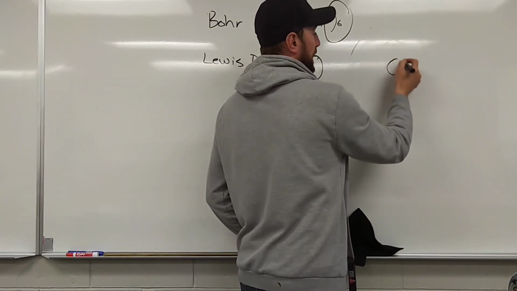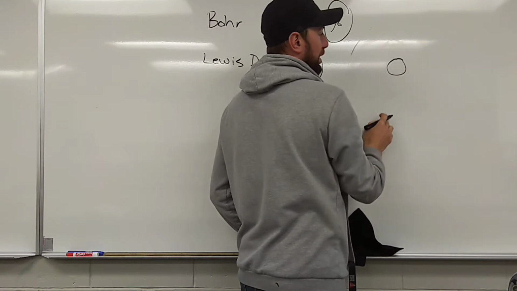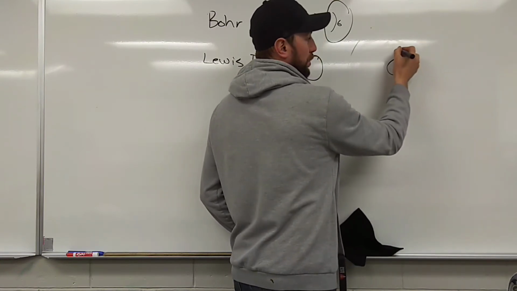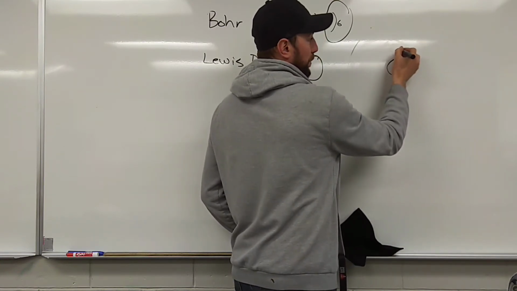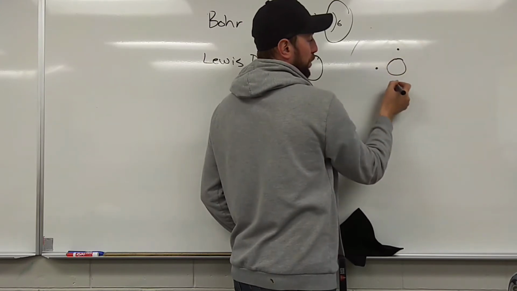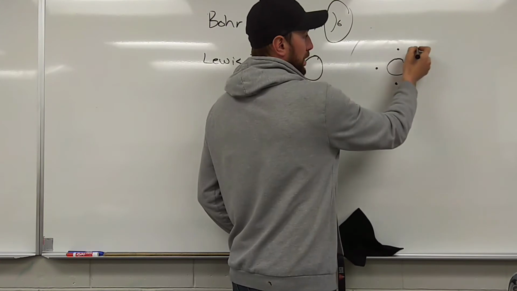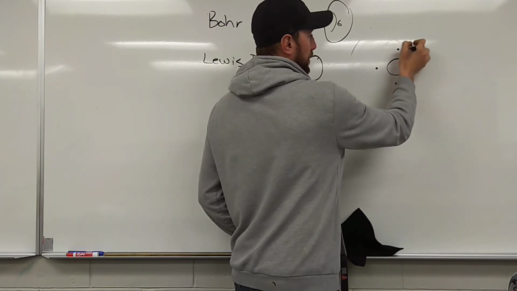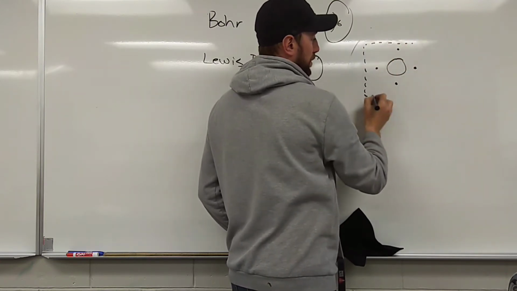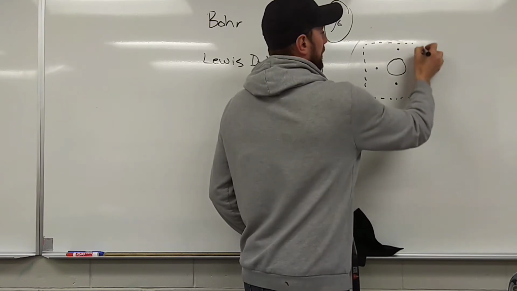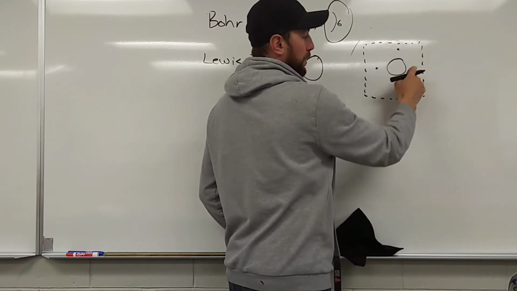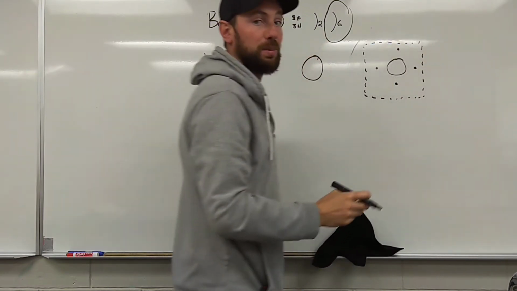To represent oxygen in a Lewis dot diagram, you start at the top. It doesn't matter where you put them, but the only rule is they need to be on an imaginary square. So you need them at the 12, the 3, the 6, and the 9 o'clock position.